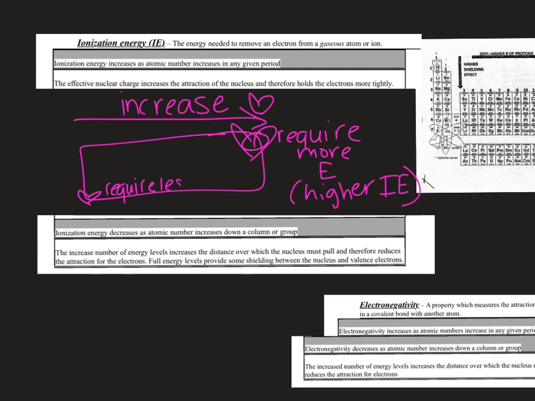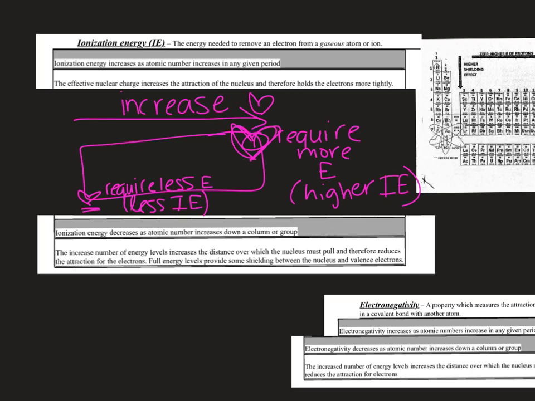A way that I think of these is that the ones down here in this corner are basically handing off their electrons. They're like, here, you can take it, I will pay you to take my electron. That's the way to think of that. Down here in this corner, all your alkali metals tend to give up their electrons a lot more than something over here in this big heart corner.